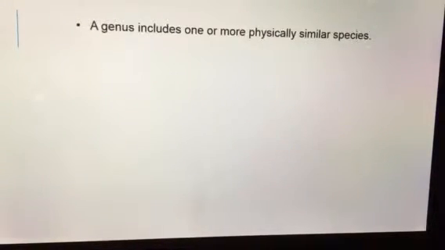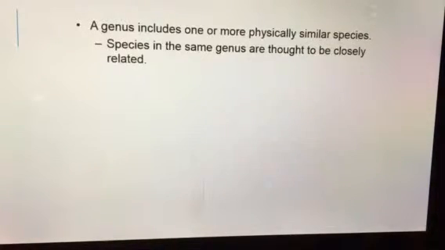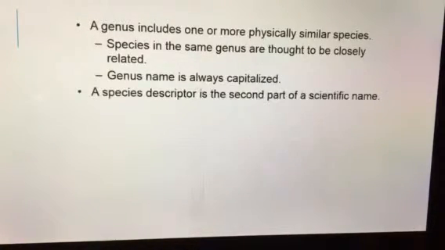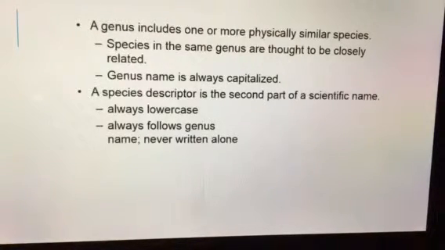A genus includes one or more physical similarities of a species, even though they may be closely related. We'll see that a genus is always capitalized. A species is a descriptor and is the second part of the scientific name. It is always lowercase. It always follows the genus. It is never, ever, ever written alone. You would never write just sapiens for a human. Well, that doesn't tell us what it is.